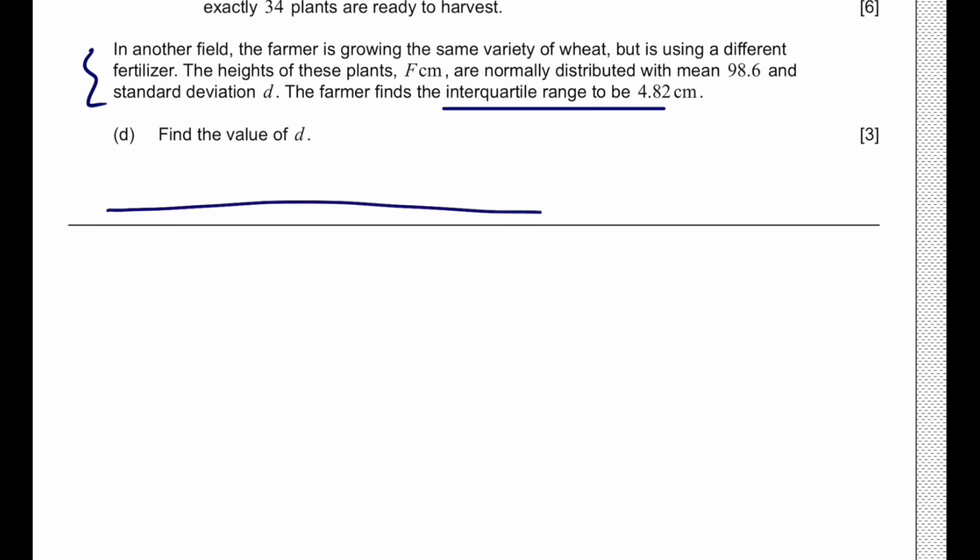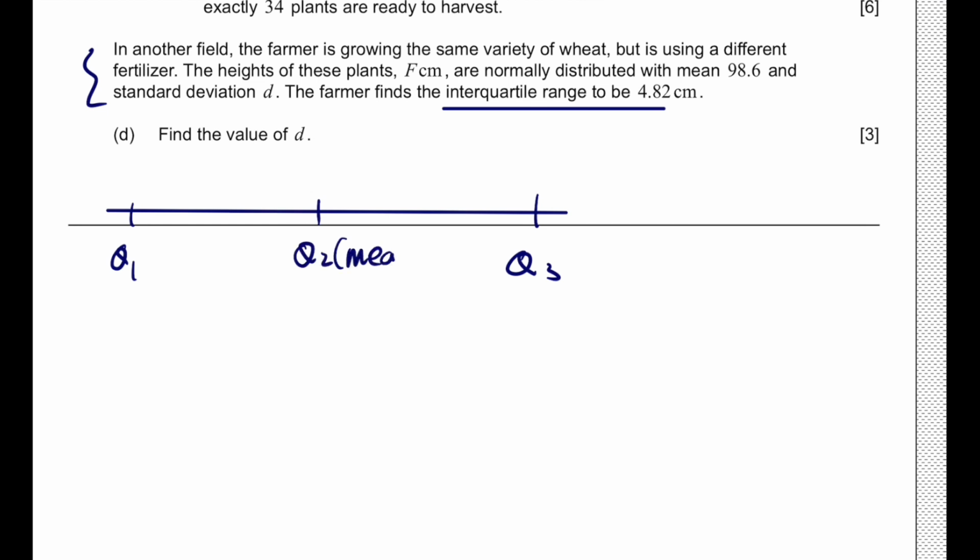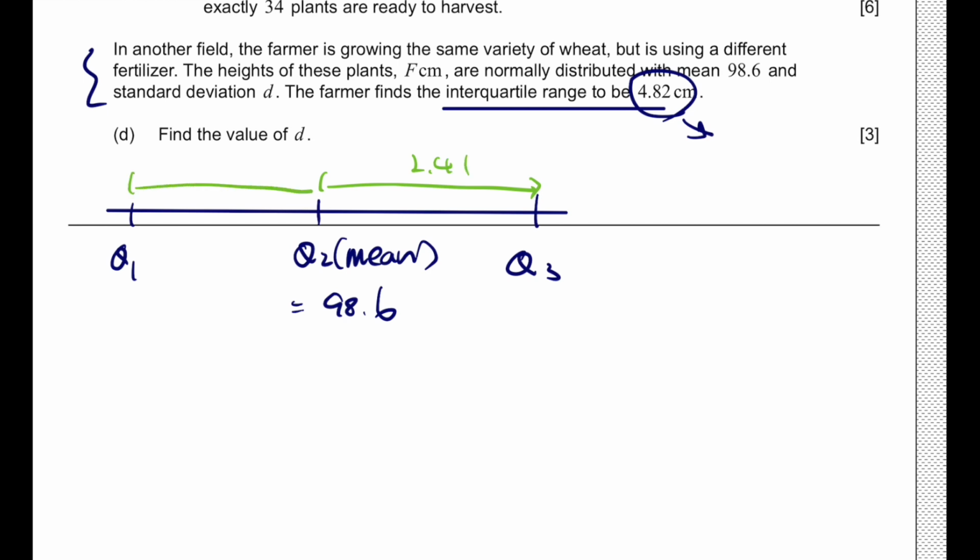We can say that Q1 is here, Q3 is here, and Q2 is our mean, right? And it's equal to 98.6. Since the interquartile range is 4.82, from here to here is 2.41.